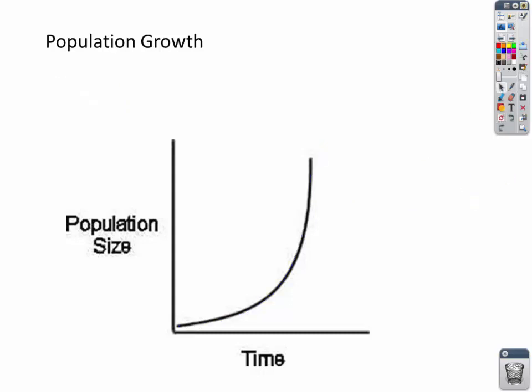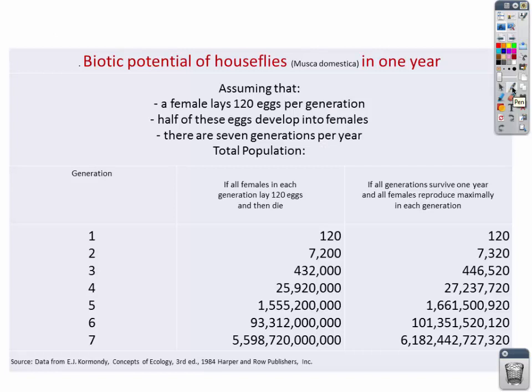Let's take a look at an example here. You have the biotic potential of a common housefly for 1 year. If we look here, a female lays 120 eggs per generation. Half of those eggs are going to develop into females, and then there are 7 generations per year. So what we're looking at down here is the generations of 1 year.